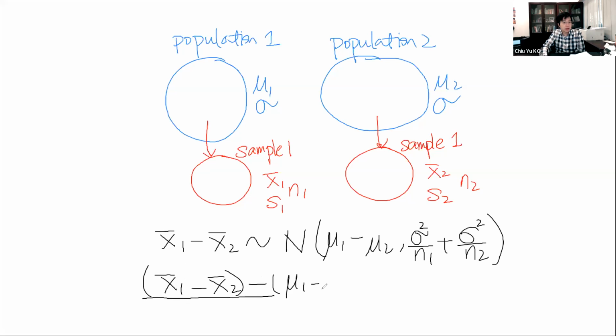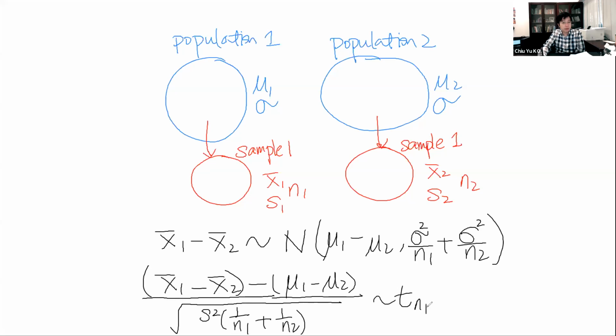(x̄1 − x̄2) minus (mu1 minus mu2) over the square root of s squared times (1 over n1 plus 1 over n2) will be a t distribution with n1 plus n2 minus 2 degrees of freedom.